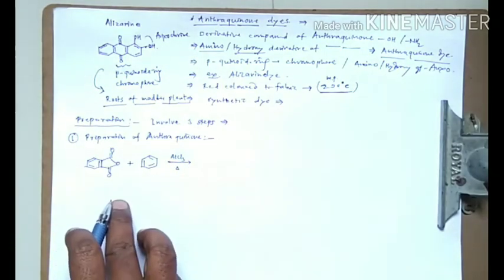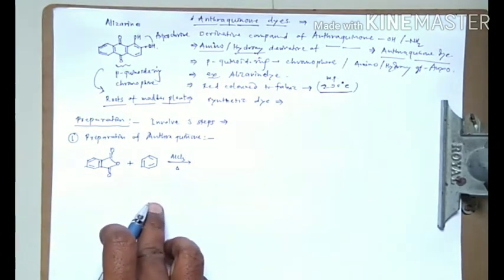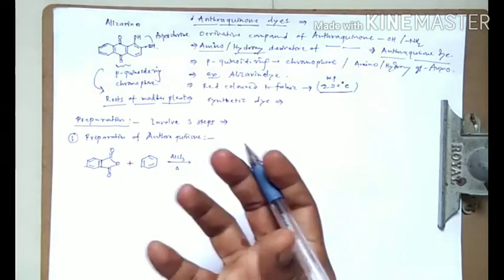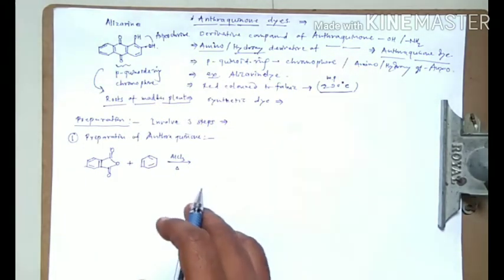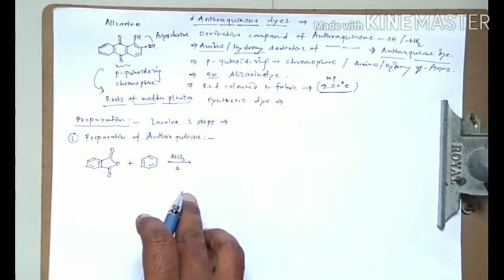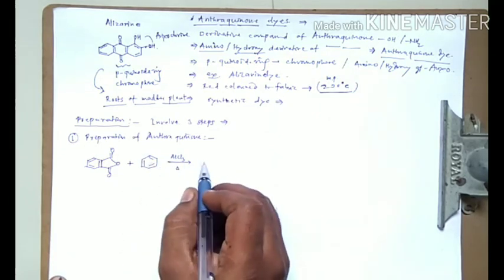This is the most famous reaction as far as organic synthetic chemistry is concerned. It is the Friedel-Crafts acylation reaction, introducing an acyl group on the benzene ring. Whenever we have to introduce an acyl group on a benzene ring, the very first reaction that comes to mind is Friedel-Crafts acylation.